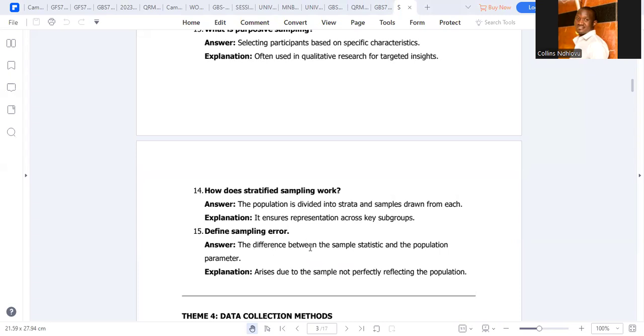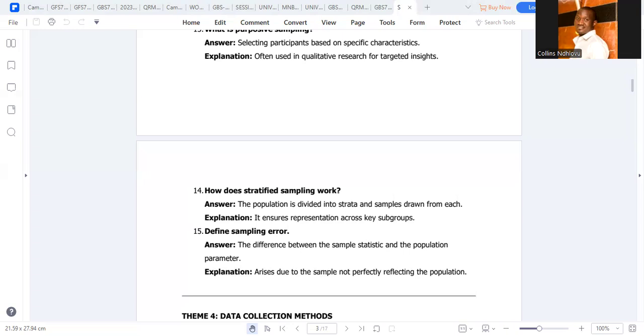Define sampling error. What is sampling error? So sampling error is the difference between, or somebody wants to try to expand what is sampling error? It's a discrepancy between the parameter of the sample and the parameter of the entire population.